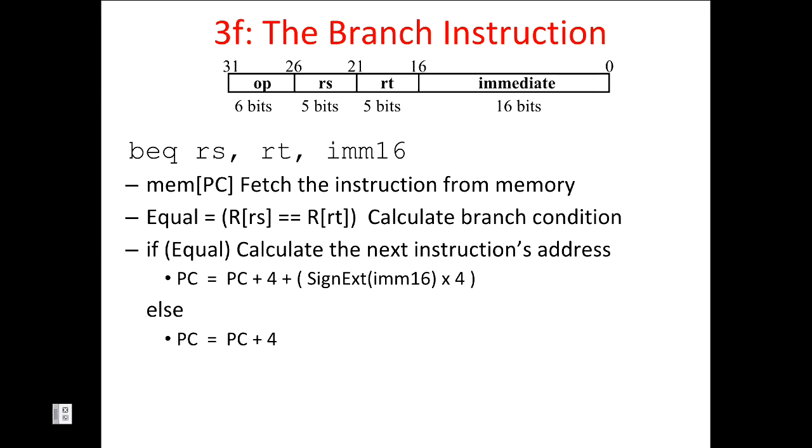Then we multiply that by 4, because in the branch instruction, this immediate is an instruction offset, the number of instructions away we're trying to go. But PC stores a byte address. So we need to convert this into a byte offset so that we can then add it onto PC. So that's what we'll do here.